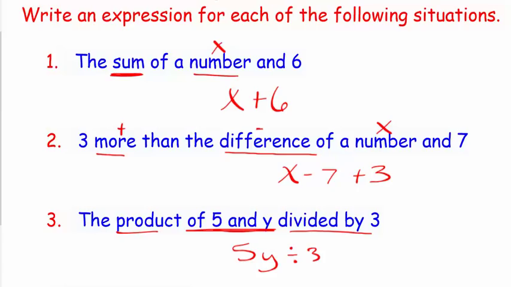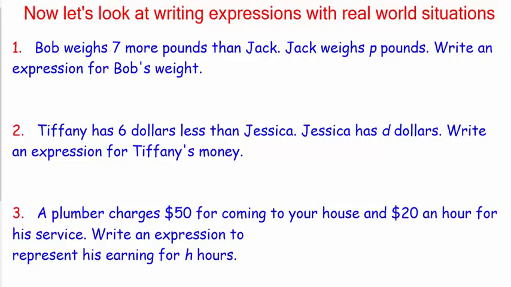All right. Now we're going to work with some real-world expressions. This is real-world, like word problems. This is where some of you had some issues, so that's why we're going to go over a little bit more in writing equations as well. As you go through, I want you to underline things that you view are important. Bob weighs 7 more pounds than Jack, and Jack weighs p pounds.